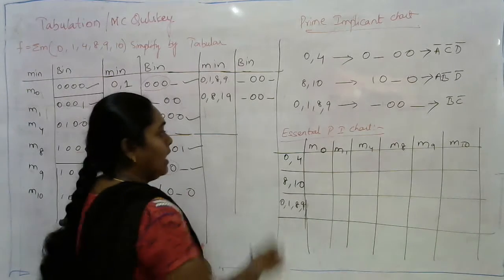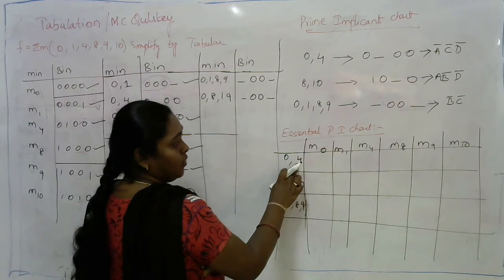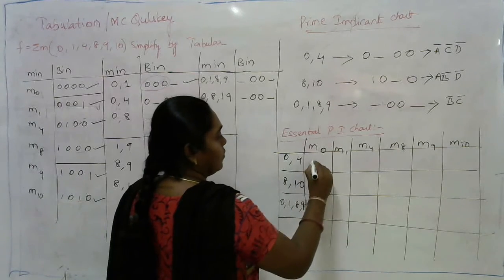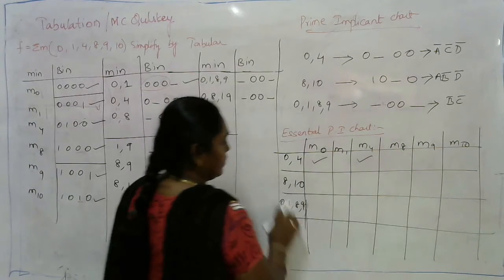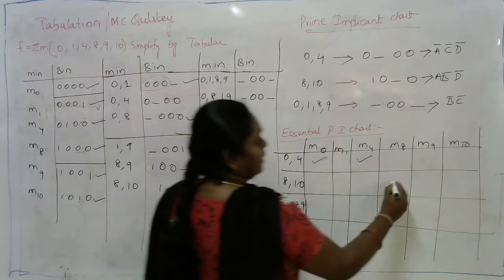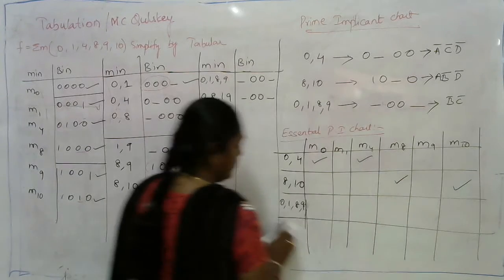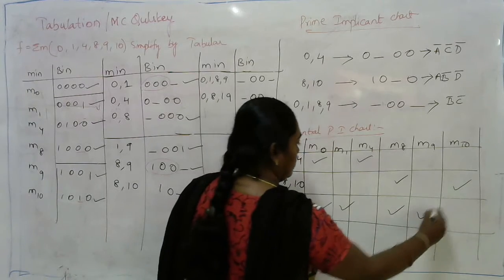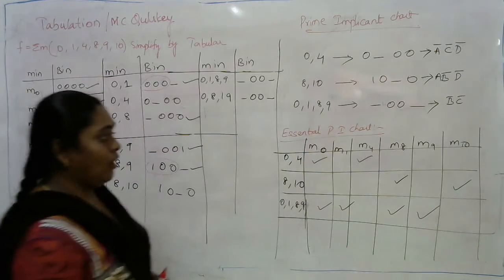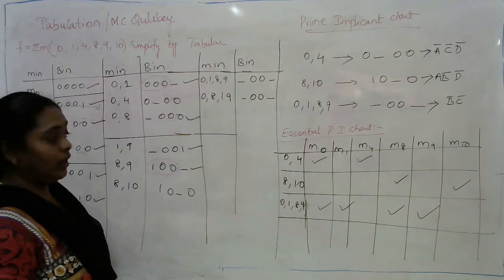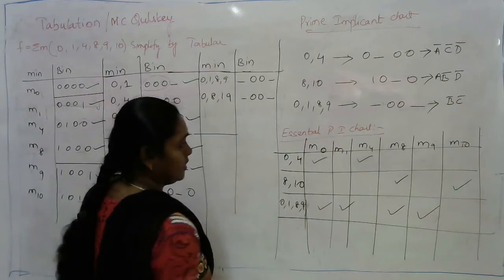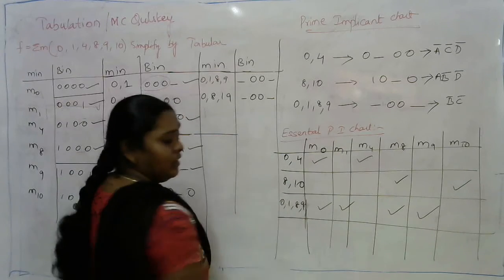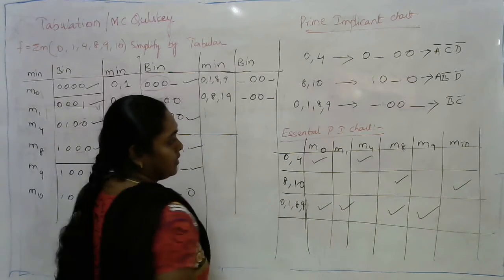Now, as it is having 0 comma 4, just keep a tick mark towards M0 and M4. Similarly, 8 comma 10, M8, M10. And 0, 1, 8, 9. So after keeping tick marks according to the numbers present in the row, check for single tick marks column wise.